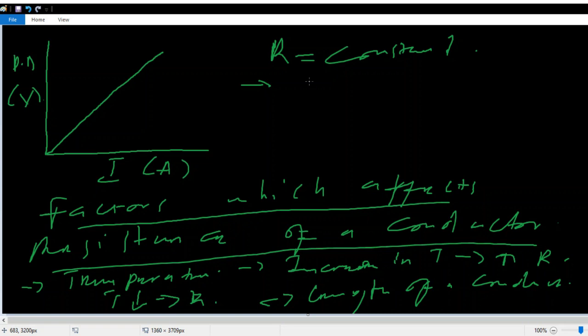The cross section or thickness of conductor. If the cross section is increased, or if the thickness is increased, resistance is going to reduce.